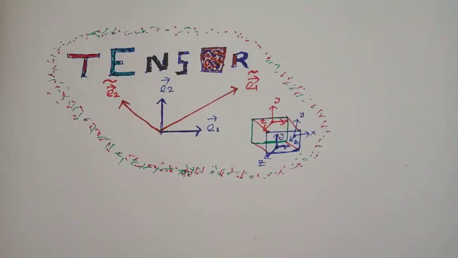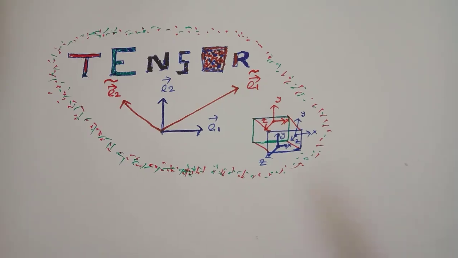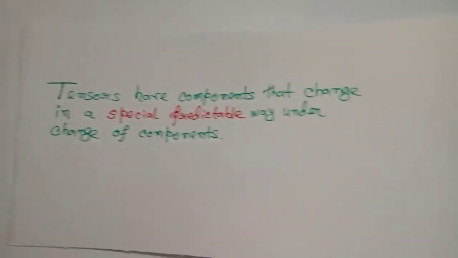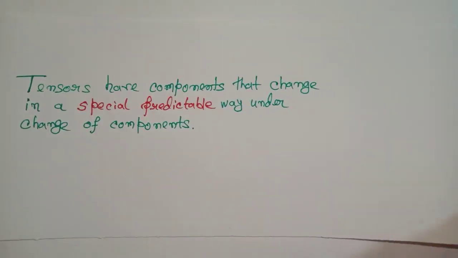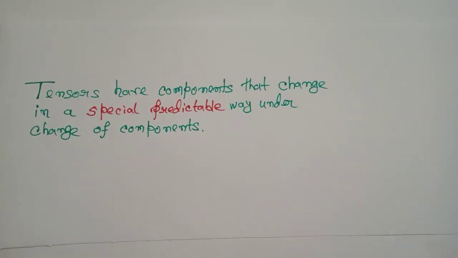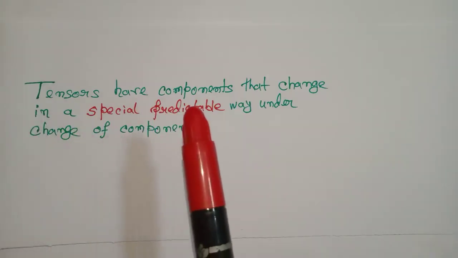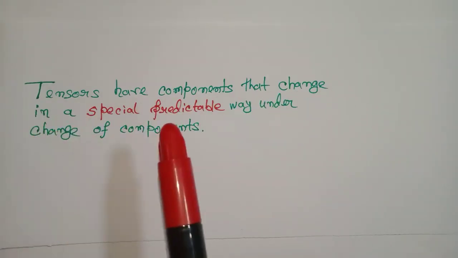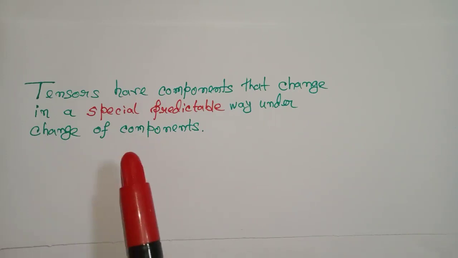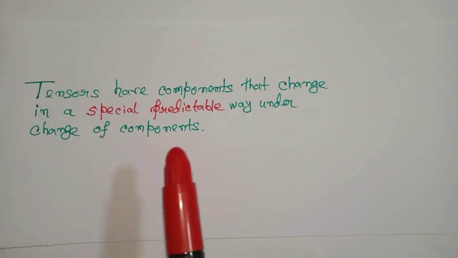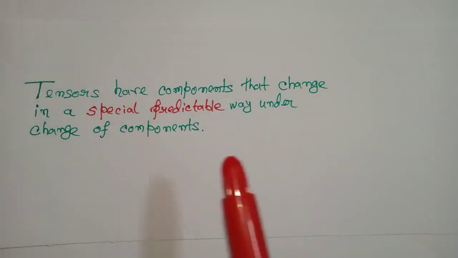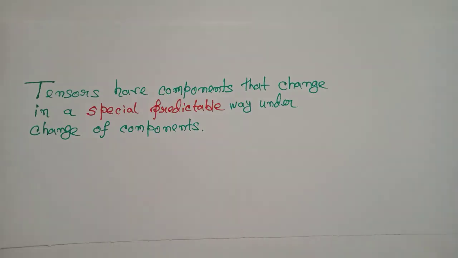As we have noted, in tensors we had done previously a few definitions. The definitions are extremely important because now we are going to find out the tensors, the basis of vectors. Here is a nice definition which we went over earlier, but still I would like to tell you: tensors have components that change in a special predictable way under change of coordinates.